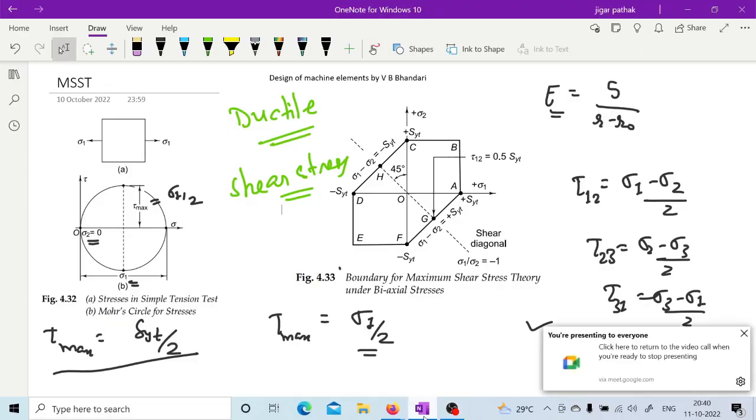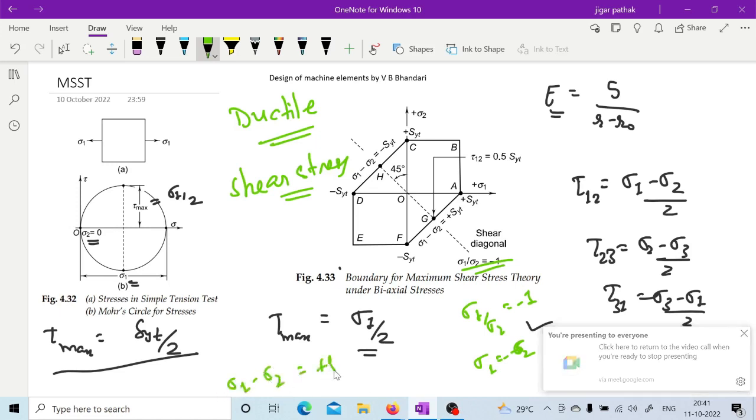Okay, so by using this equation, sigma 1 by sigma 2 is equal to minus 1 is also a line equation, right? Sigma 1 is equal to minus sigma 2, and you already have the equation that sigma 1 minus sigma 2 is equal to plus SYT. So by combining both these equations you can come up with this point G, because it is the intersection of these two lines. So it will give you that particular point.